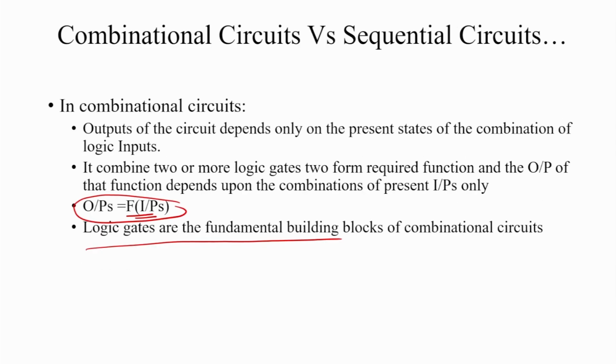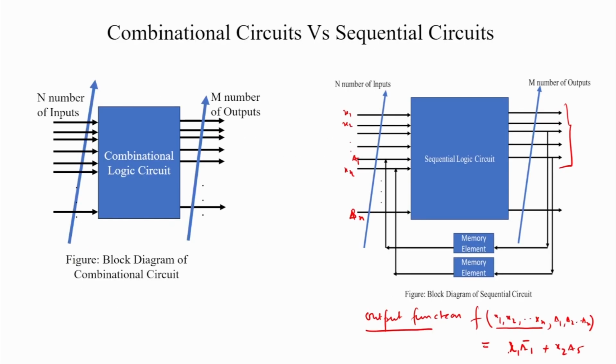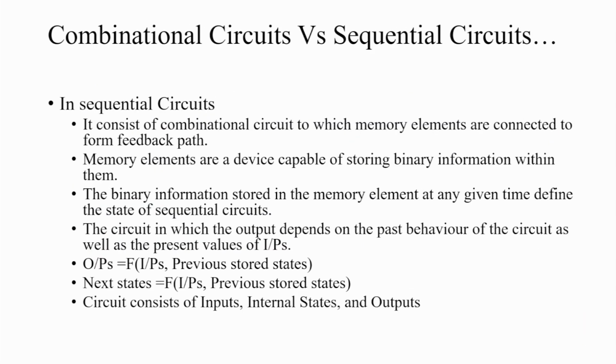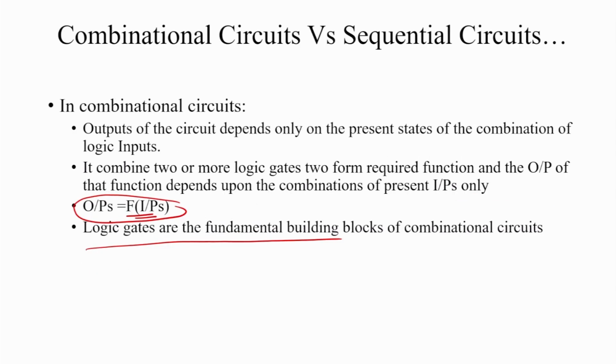Like this one, this is a memory element, so it is capable of storing a bit of information. Each memory element stores a bit of information, and the binary information stored in the memory elements at any given time defines the state of a sequential circuit. There are two types of states.